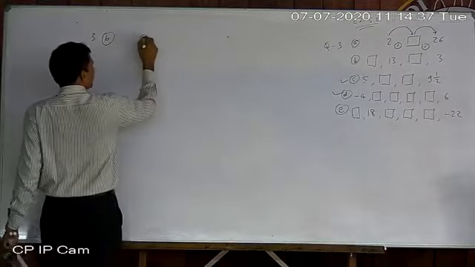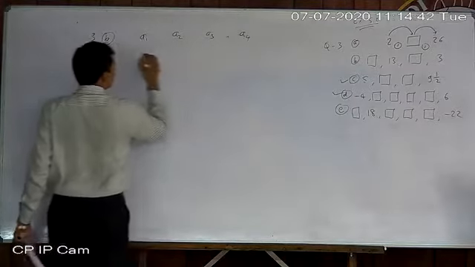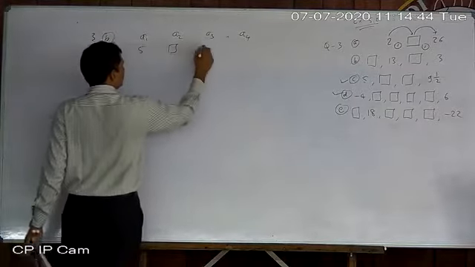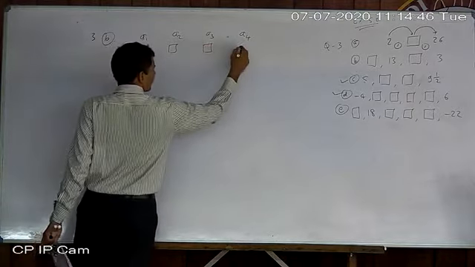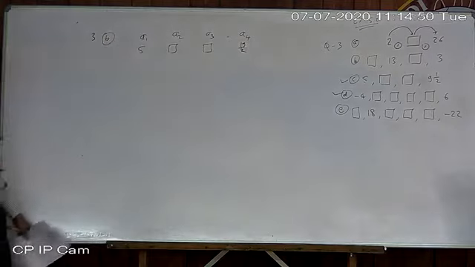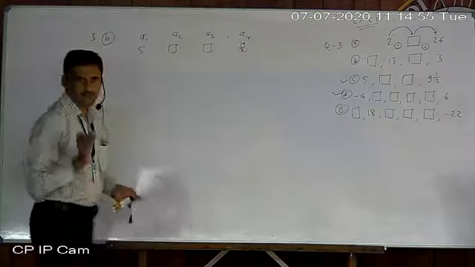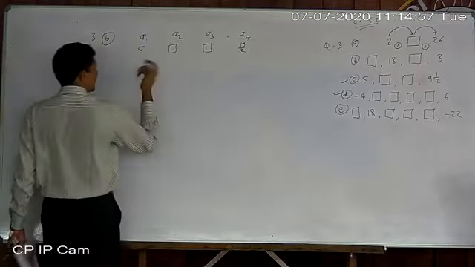So now a1, a2, a3, a4. 5, not given, not given, then 9 and 19 by 2. Either you keep it in fraction, otherwise convert to decimal.